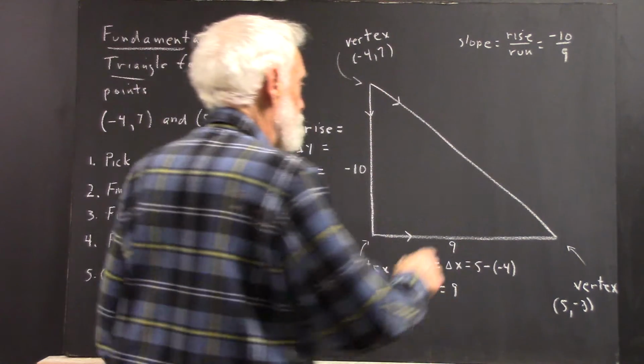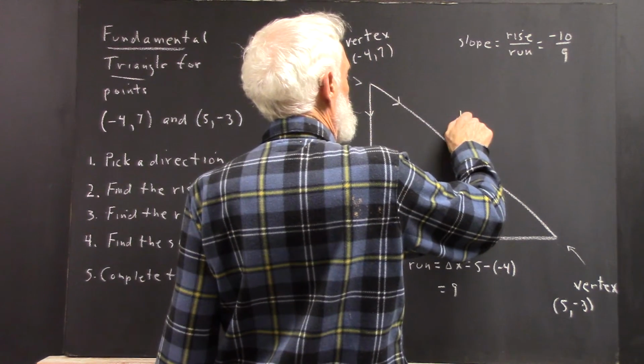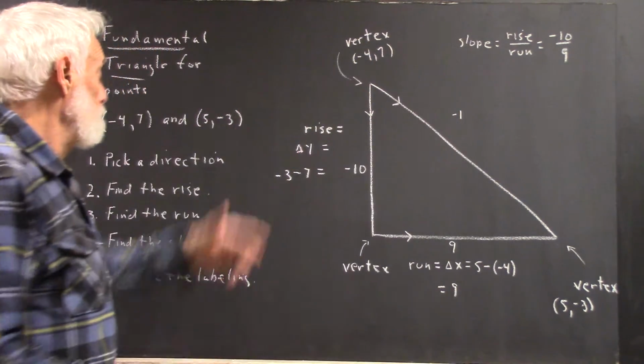So we can write the run to it. And to label the run, okay, well, we found the slope.